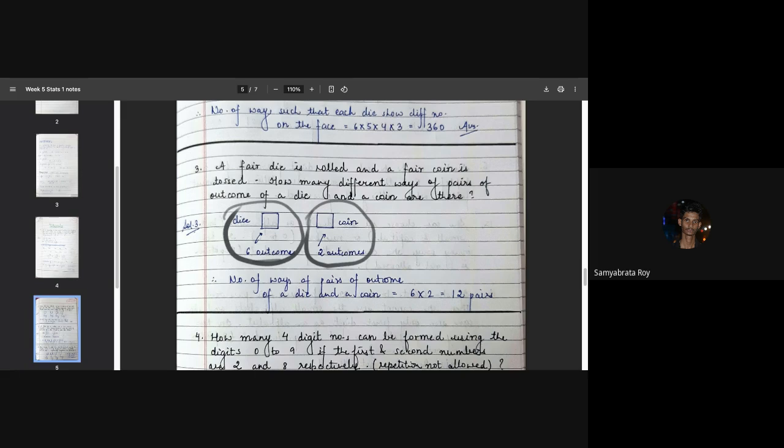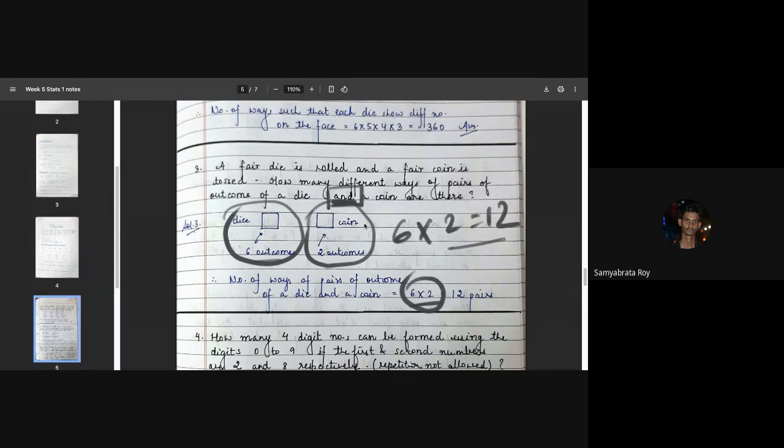They're happening simultaneously, right? That's why they have also mentioned and in the question. So we'll simply multiply the number of distinct outcomes, and we'll get 12.